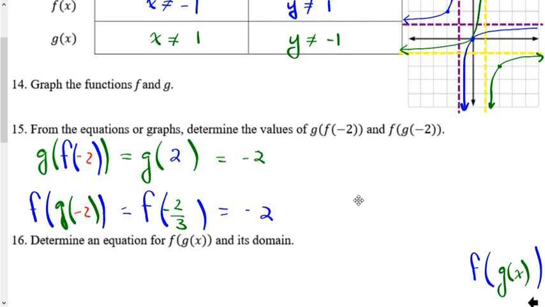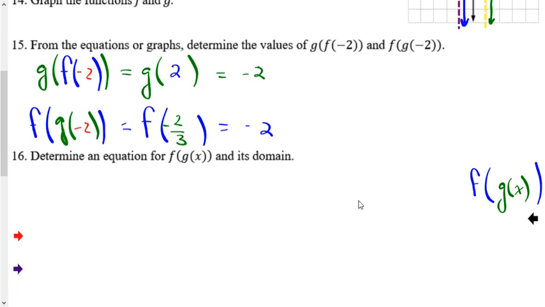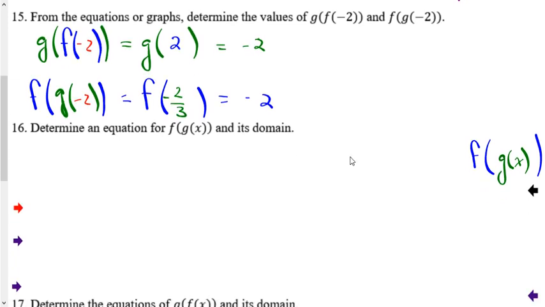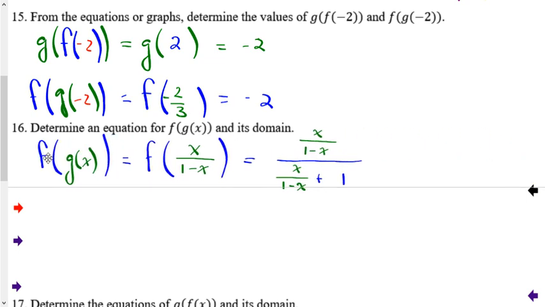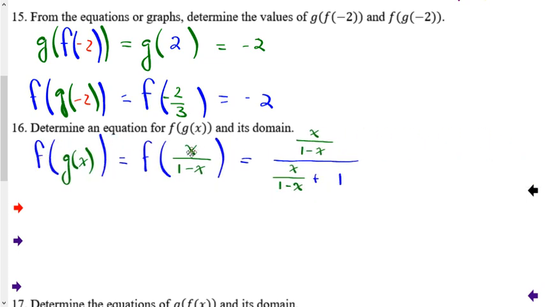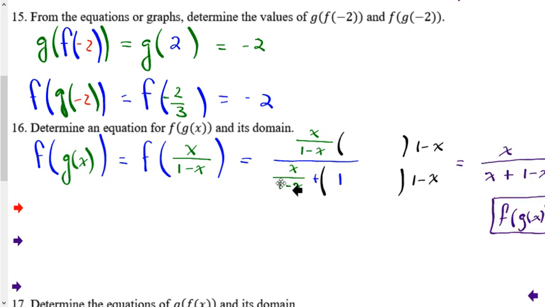Number 16. Here, when I plug in the g of x function into the f of x function, I get this radical inside a radical, which is not very pleasant to work with, but we are becoming pretty good at dealing with these denominators inside of fractions, especially after that trigonometry chapter. I'm going to multiply top and bottom by this common denominator.